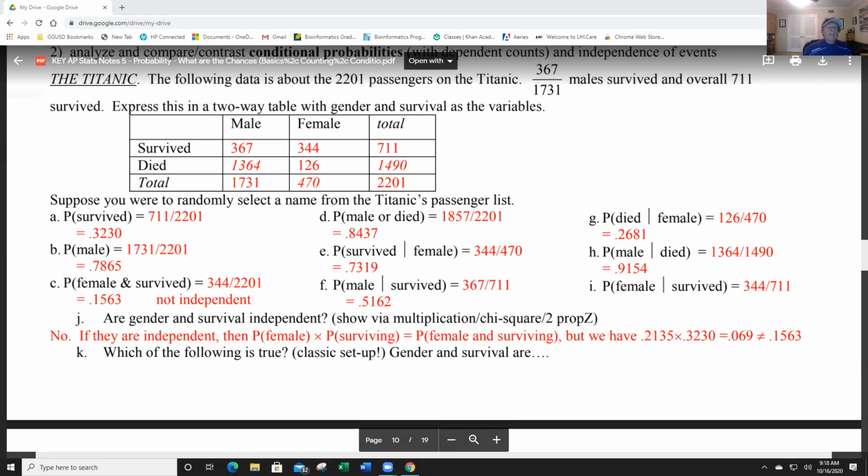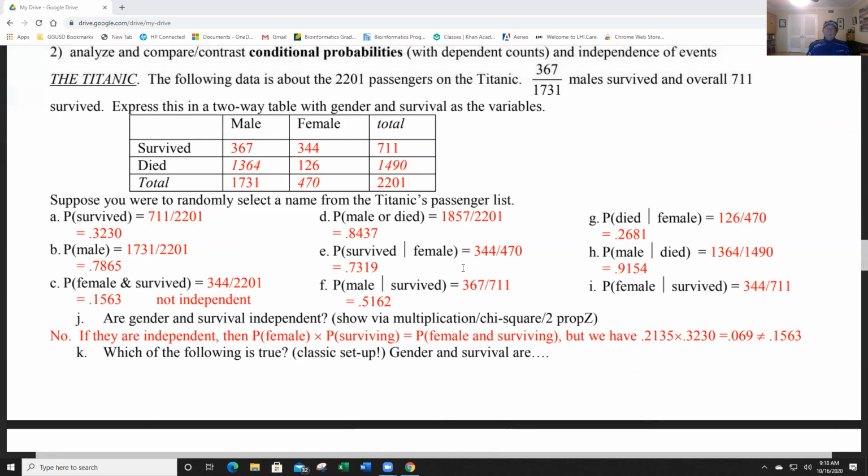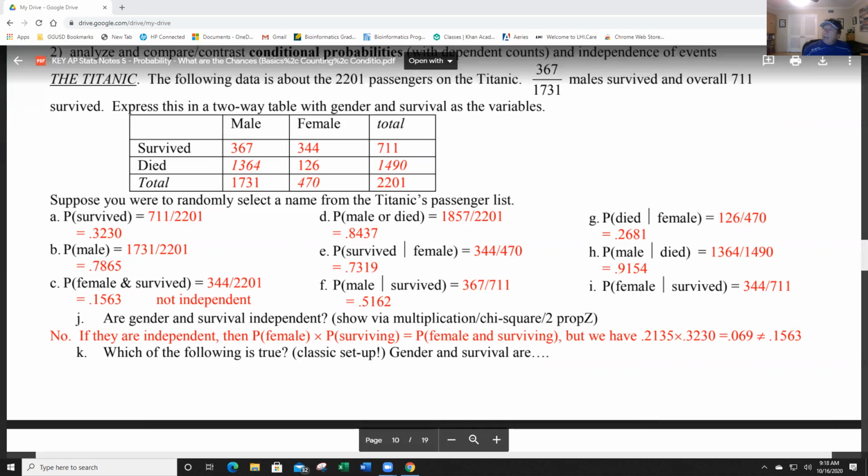All right, the Titanic. Most everybody understands the Titanic. They've seen the movie, they've bought the CD, they know the music, okay? We know that there were a lot of males on the Titanic ship. In fact, there were 1,700 males on that boat and 470 females.